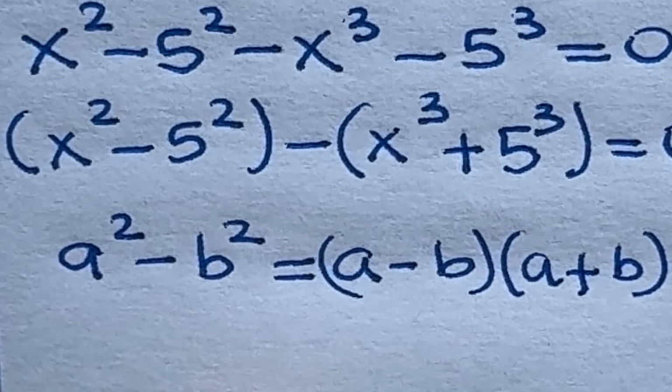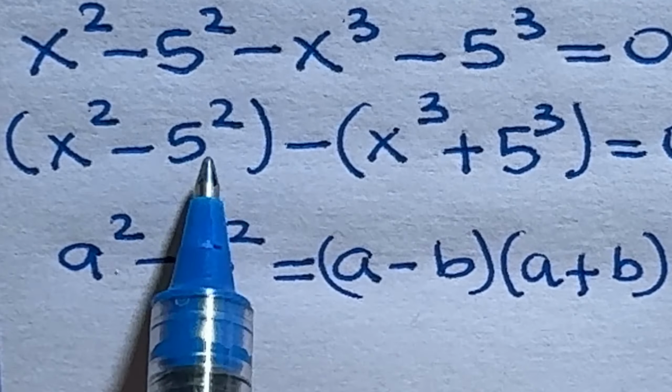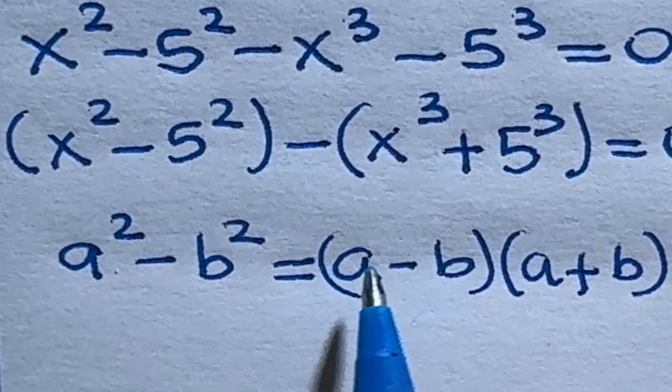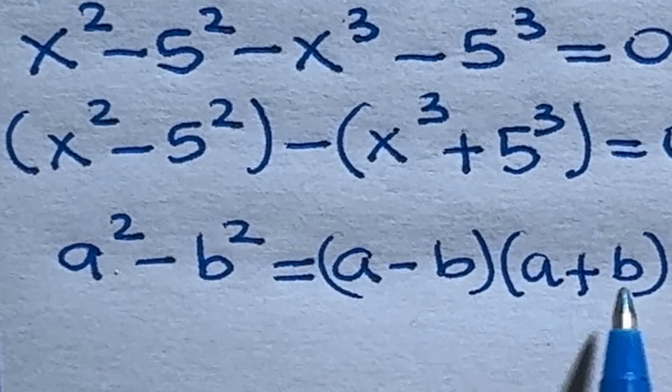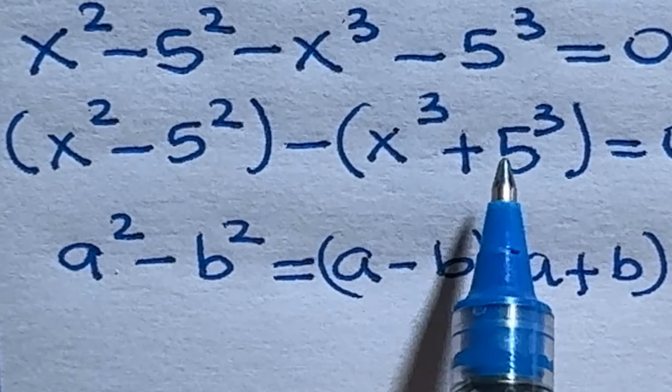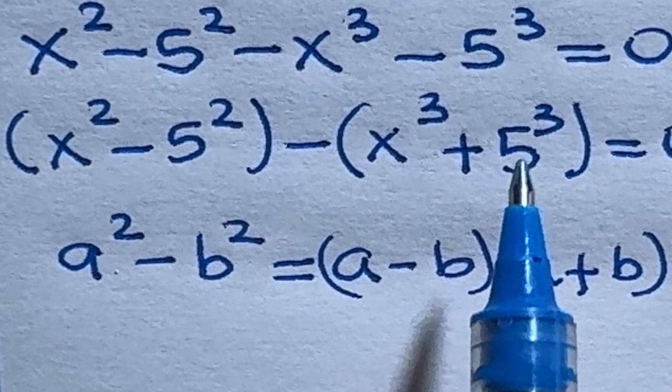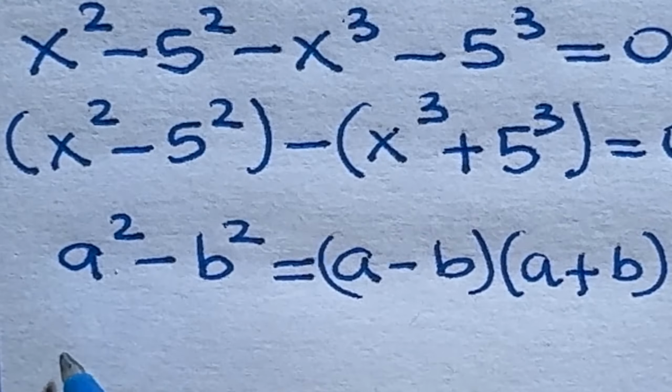So I can go ahead and replace x squared minus 5 squared with x minus 5, x plus 5. But before I do that, let's find an expression for sum of 2 cubes. This is a known identity.